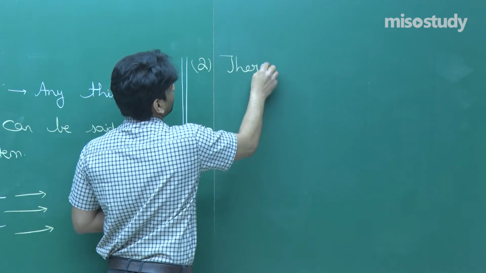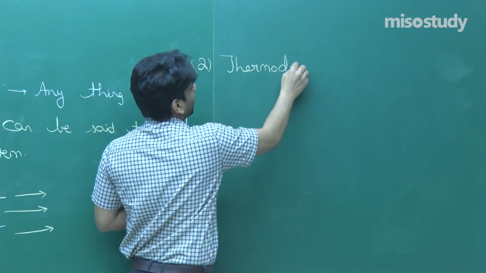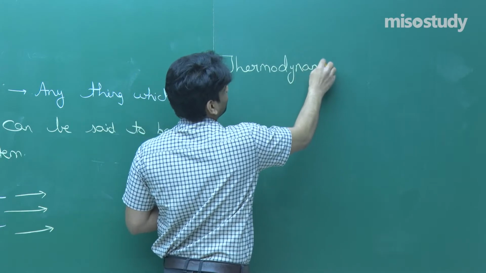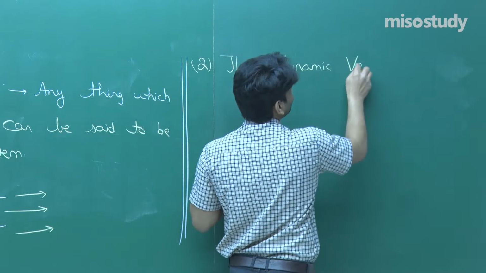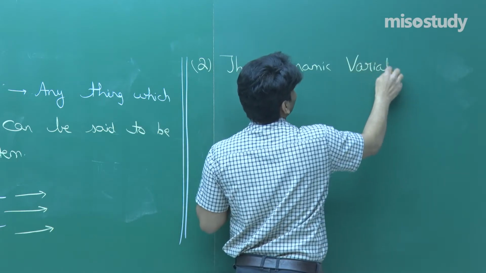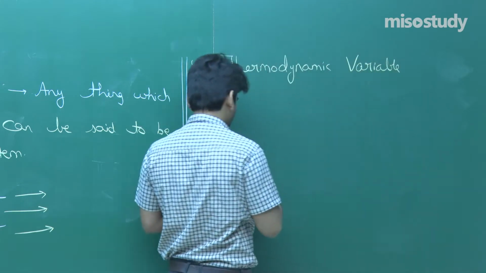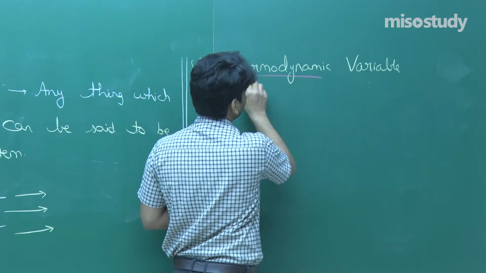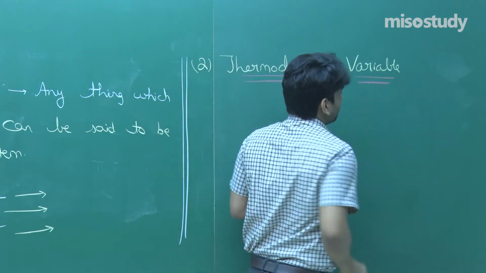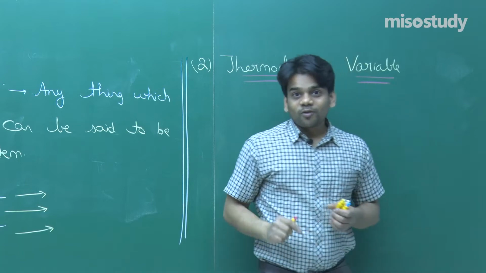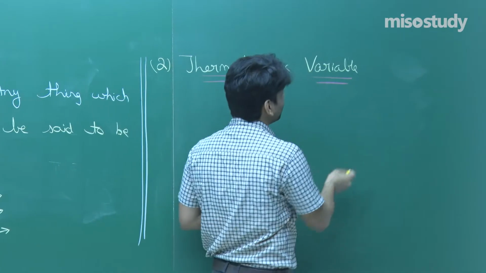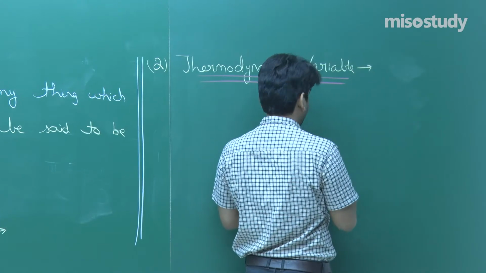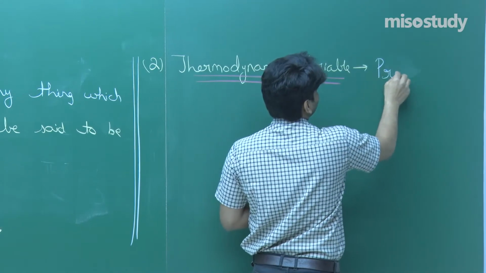The second definition that we shall know is the thermodynamic variable. As I told you, if gas is kept in a container, it is going to have some pressure, some volume, and it will be kept at a certain temperature. To denote the state of a gas, we require some basic variables, and these are pressure, volume and temperature.